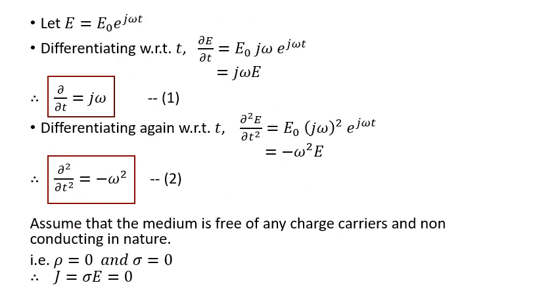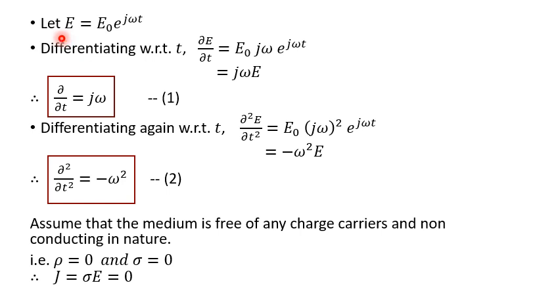Now from the basic Maxwell equations, we will derive the wave equations. We will start with the field vectors. We know that the field vectors vary in a sinusoidal manner with respect to time.